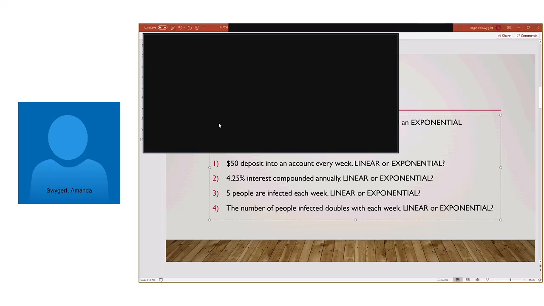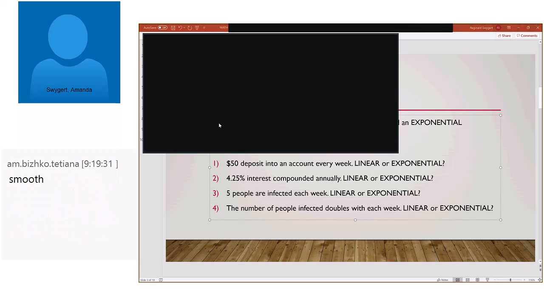So if you were to actually graph it, what would a linear graph look like? And feel free to unmute or comment. Smooth, that's a good word to explain it. Yeah, a straight line, very good. And you may remember going back to, I'm going to bring up like 9th grade maybe, 8th grade even, it could be earlier than that, that you very first learned about graphing and graphing lines.